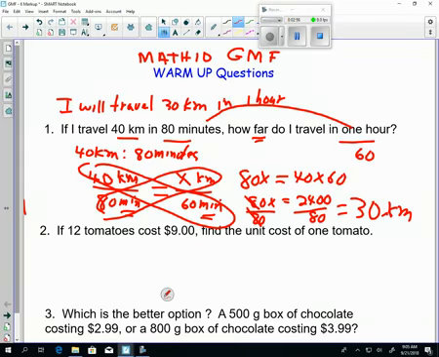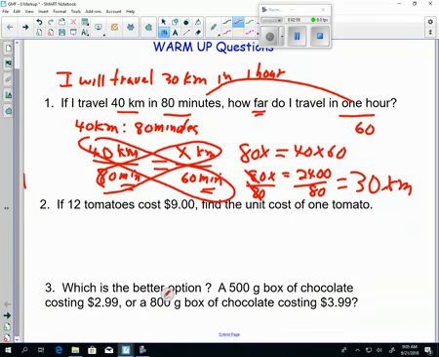So using unit pricing is a way to determine unknowns. If 12 tomatoes cost $9, find the unit cost of 1. Well, 12 tomatoes to $9, that's my ratio. Set it up as a fraction: 12 tomatoes over $9.